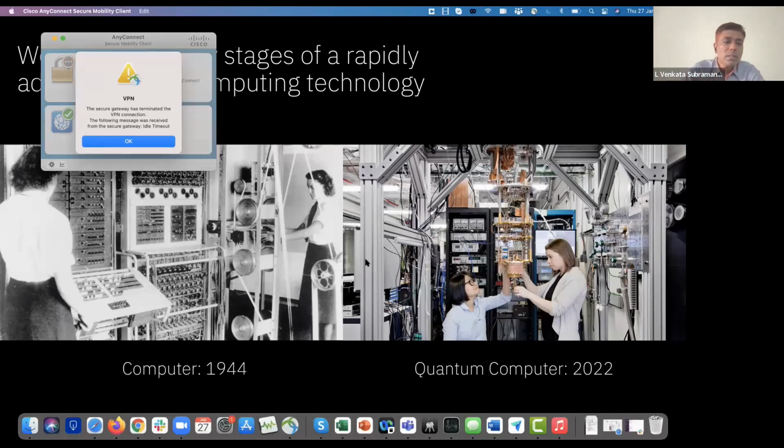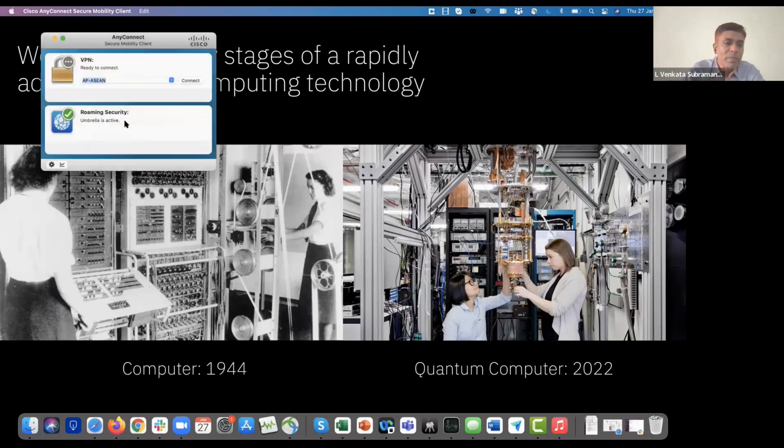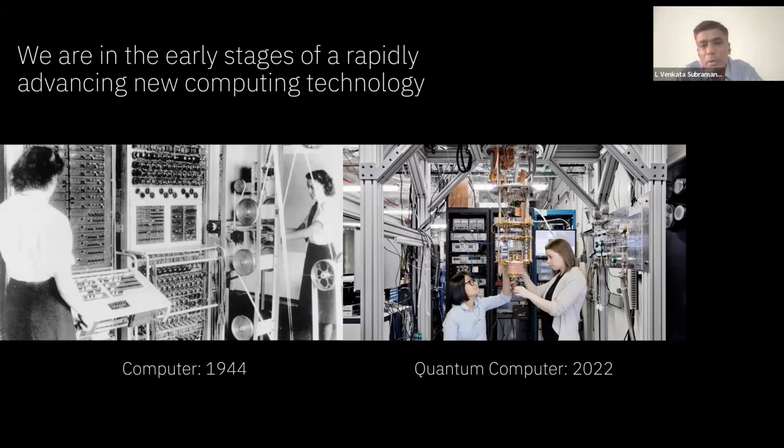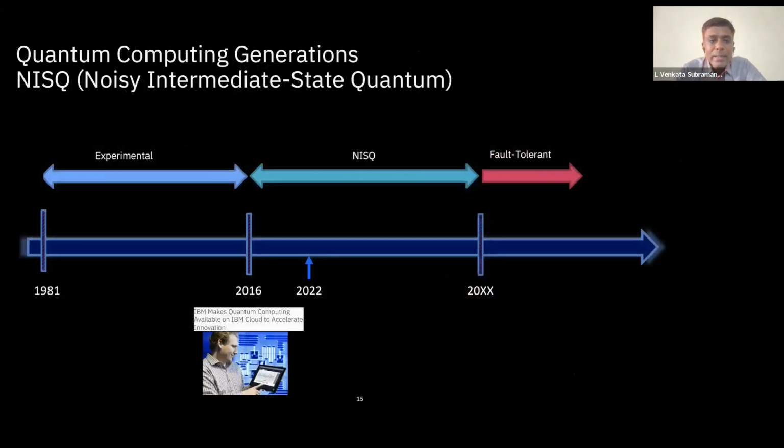But what is exciting is that today, we have a lot of experience from our existing journey with technology, right? And also we'll see there are some other advantages that are there today, right? But quantum computers are at that early stage, right?